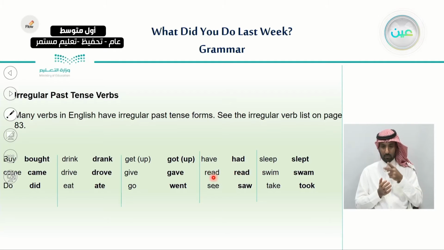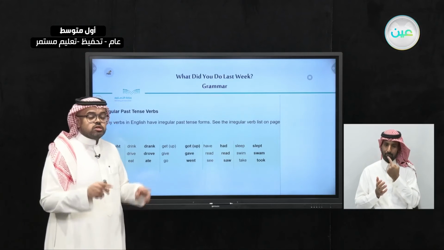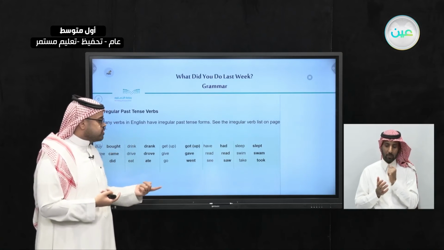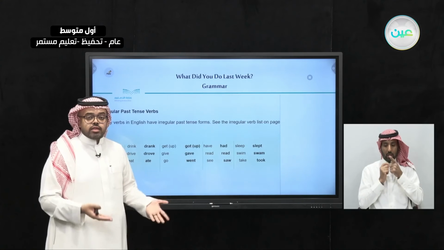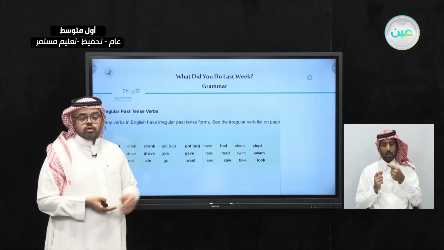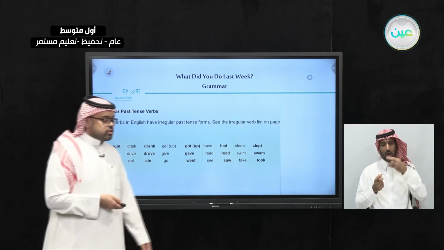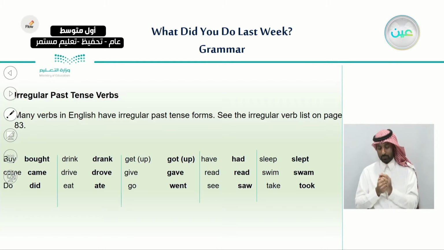They both have the same form, no changes at all, but the only change is in how we pronounce it. In the present we would say read, but in the past we would say read. I read a book yesterday. So this is the difference in similar verbs.